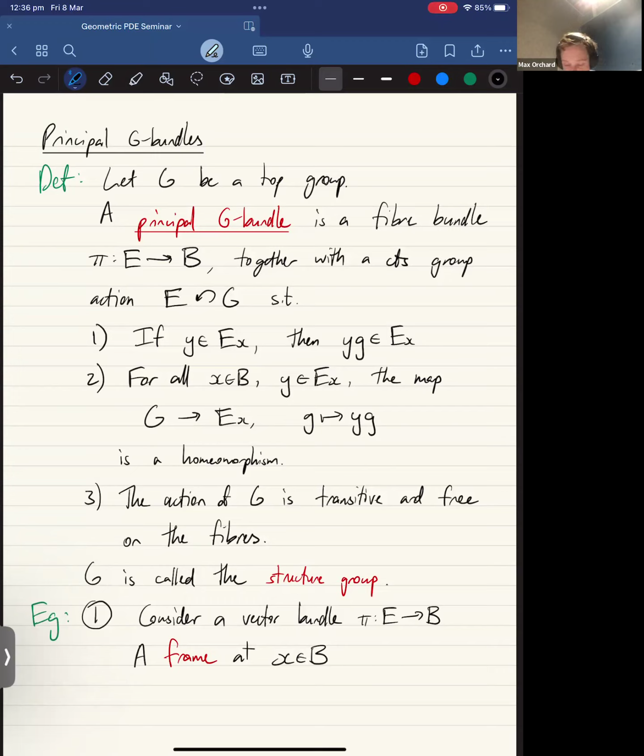Or equivalently, we can say that a frame is a linear isomorphism p from R^n to the fiber. So this also defines an ordered basis for E_x by just looking at where the standard basis for R^n goes. So this is a frame for a vector bundle.